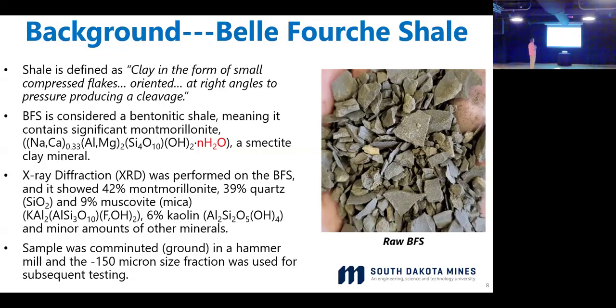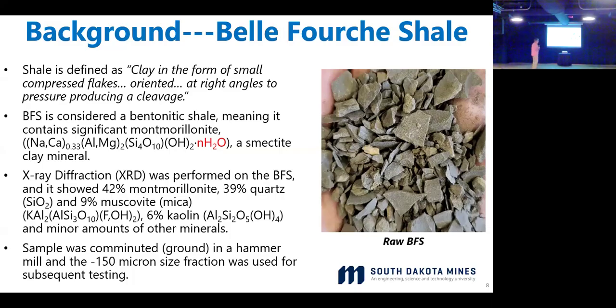We ran X-ray diffraction, which is just an analytical technique, that tells us that it is 42% montmorillonite, 39% quartz, 9% muscovite, and then kaolin clay. And from a ceramics perspective, that isn't bad. To make ceramics, you generally need quartz and clay.